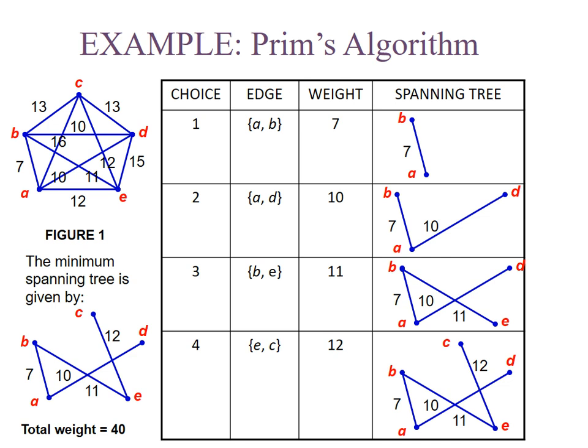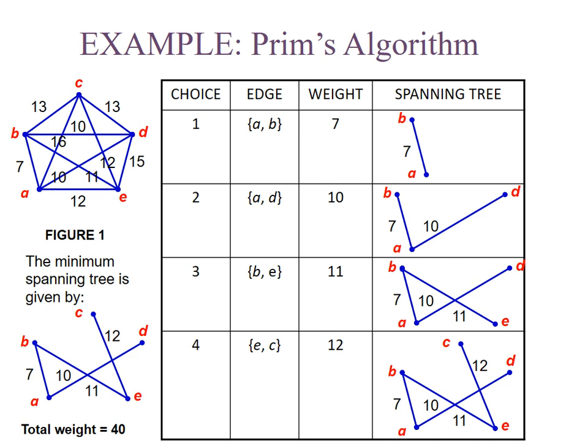Now we have A, B, D, E in our spanning tree. So next, let's see. The next weight we can choose actually is 12, right? Because we cannot choose this 10, and we already chose 7, 10, and 11. So next we have two different choices, 12, AE and EC.